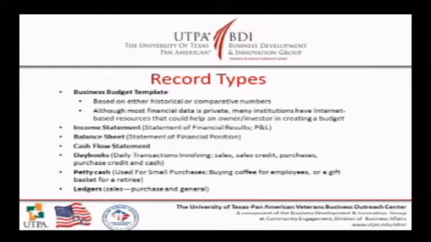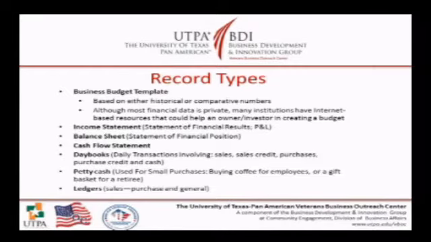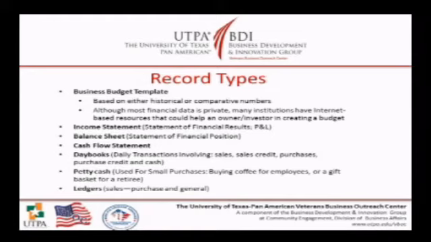The day books, here we call it day books. Another term for it is journal entries. Basically, you have all kinds of different journals, and they deal with the daily transactions involving sales on credit, purchases, purchase credits, and cash.